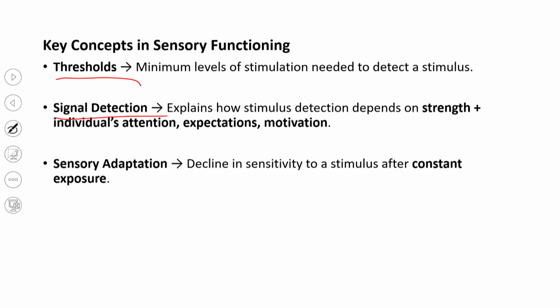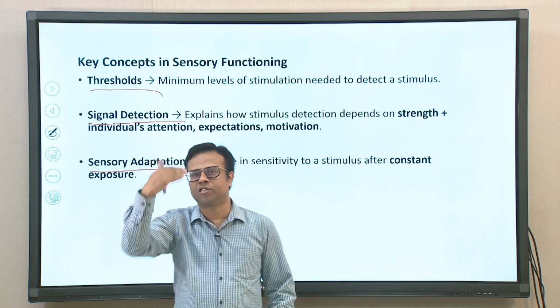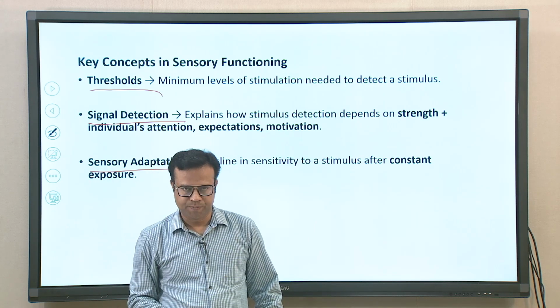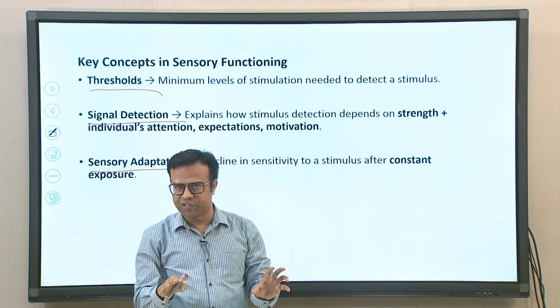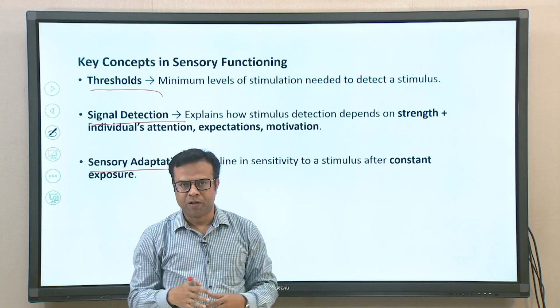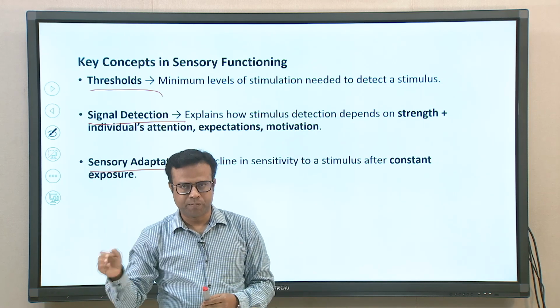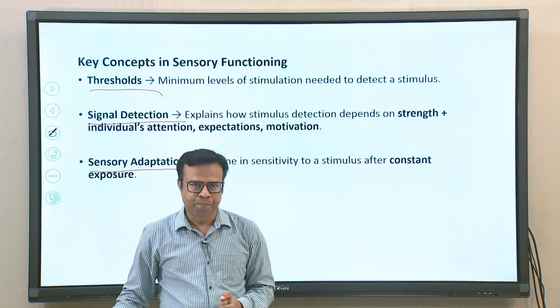Then the concept of signal detection: how people detect some stimuli. Is it just about the physical stimuli or are there other aspects involved? That is called signal detection. The third concept is called sensory adaptation: how people adapt to sensations that come from the environment. So, these three concepts are very important in the study of sensation or psychophysics. Now let us look into each of them in a more elaborate way.